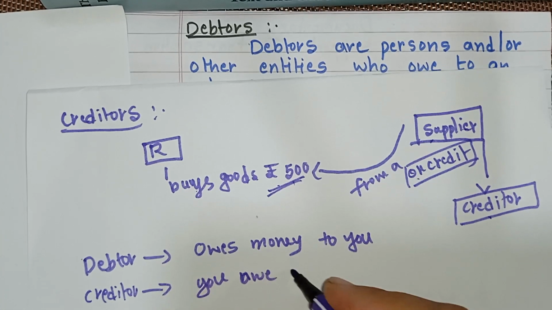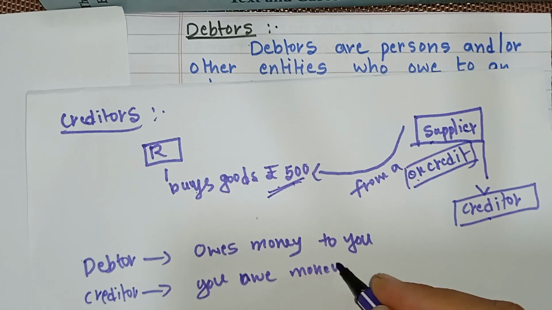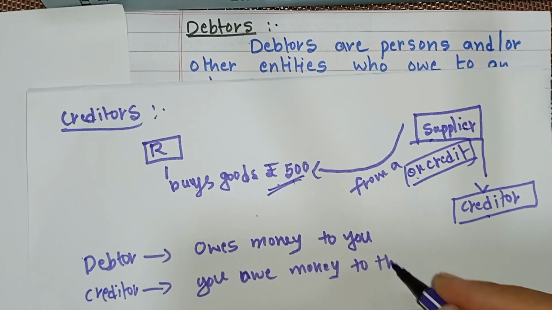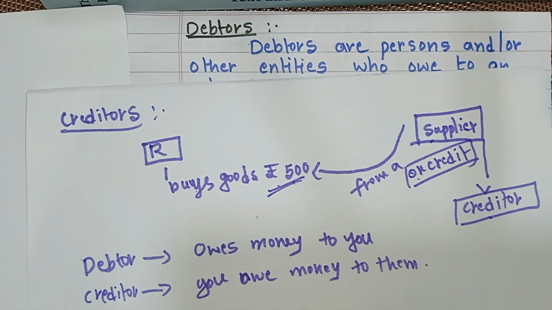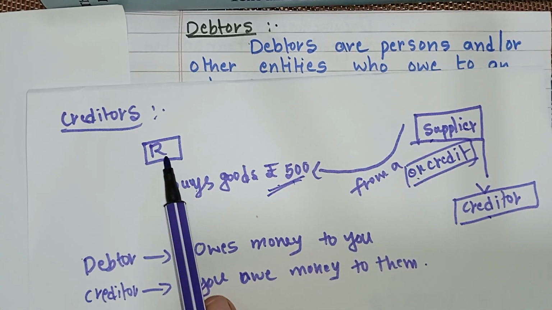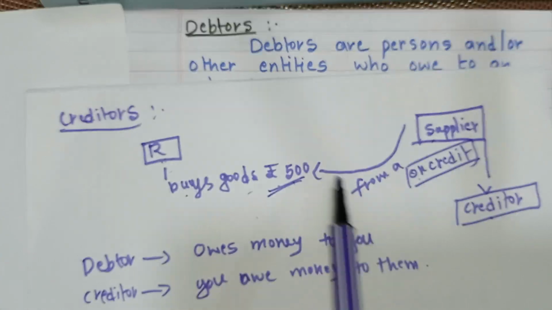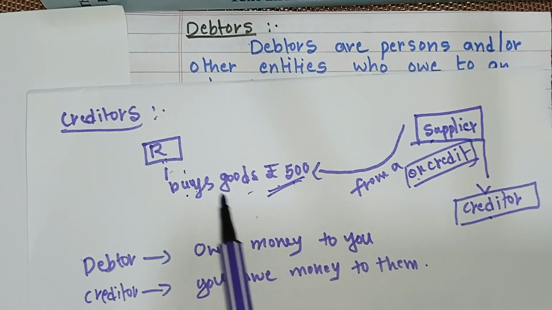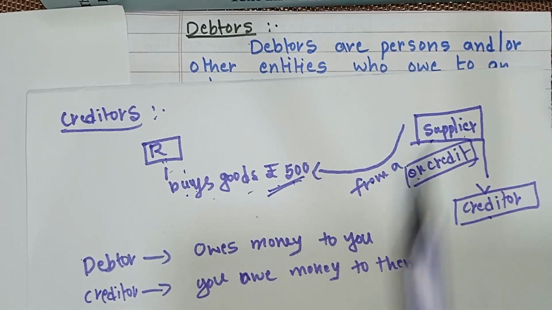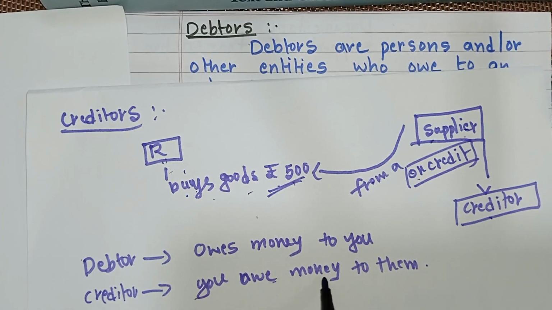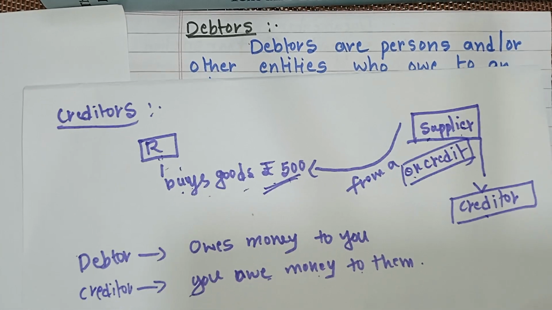See the example of creditor. R buys goods, meaning R has to pay the amount to a supplier. That means you owe money to them. And debtor means owes money to you.